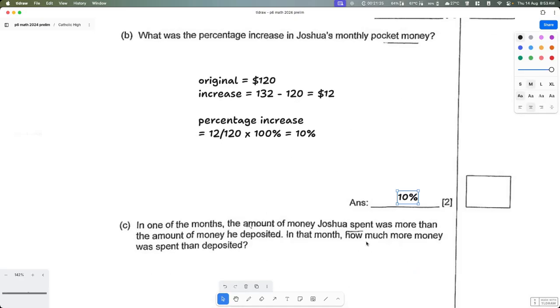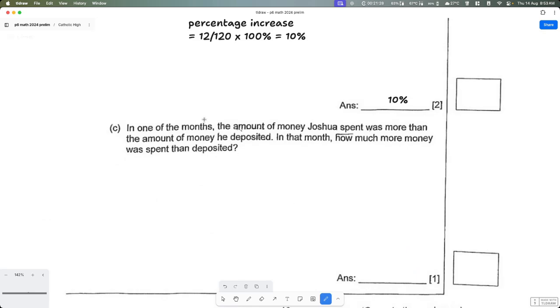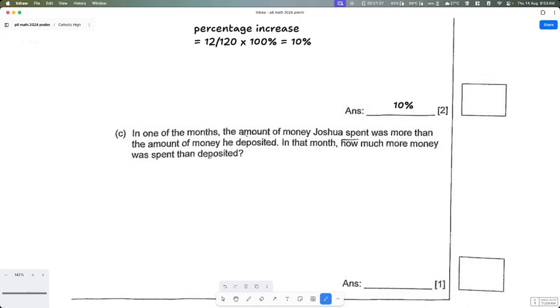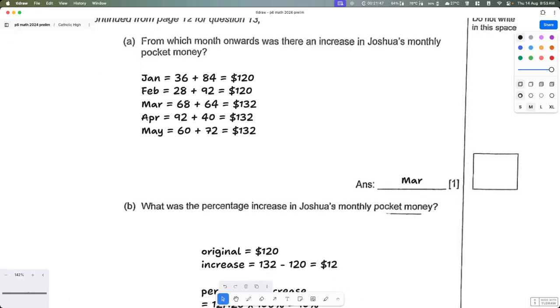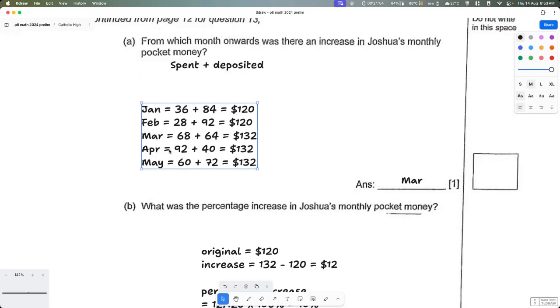Next, part C. In one of the months, the amount of money Joshua spent was more than the amount of money he deposited. In that month, how much more money was spent than deposited? So if you go back here, this is what he spent plus deposited.